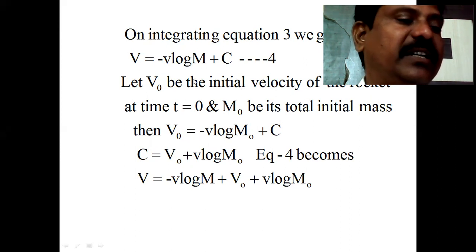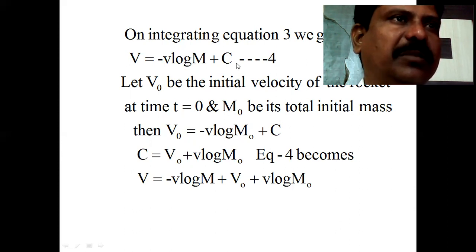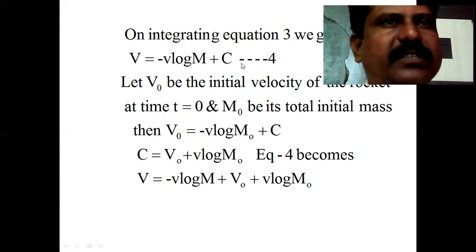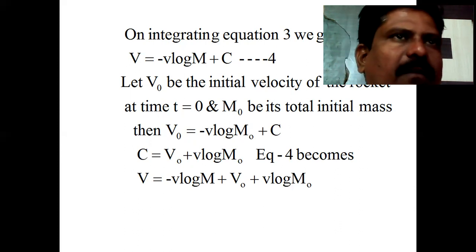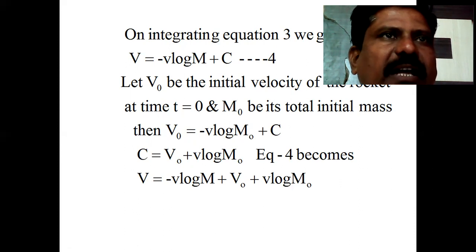The dt and dt get cancelled. Integration of dv gives you v. You take small v outside, and integration of 1 by m into dm is, as integration of 1 by x is log x, log of m plus c, where c is the integration constant.